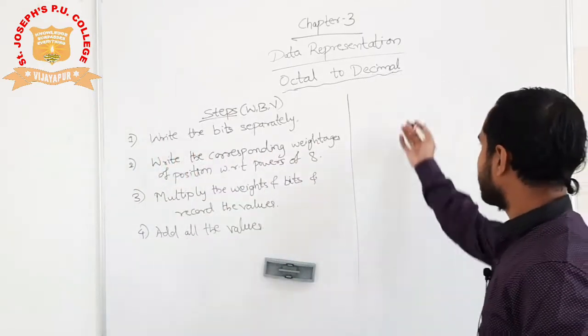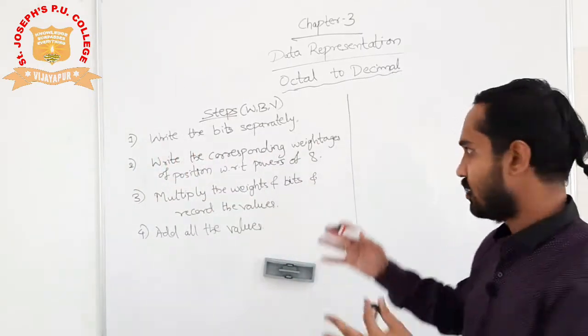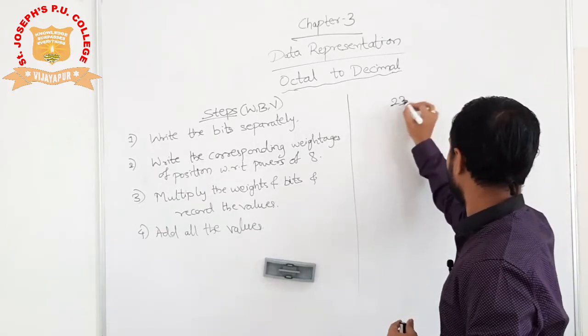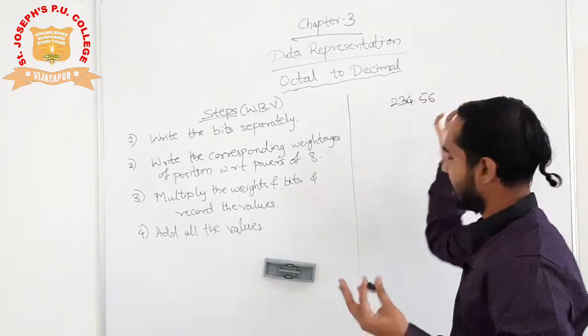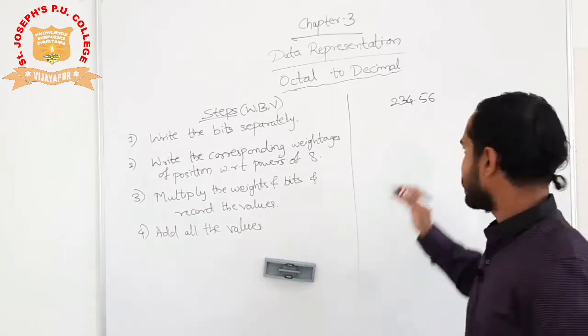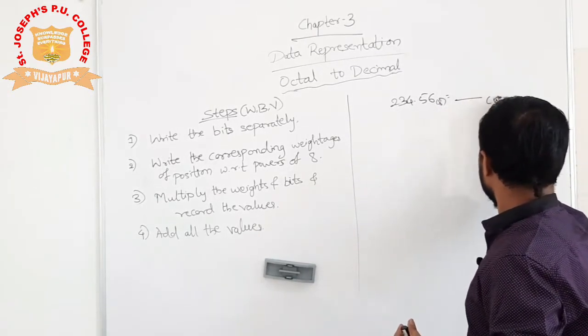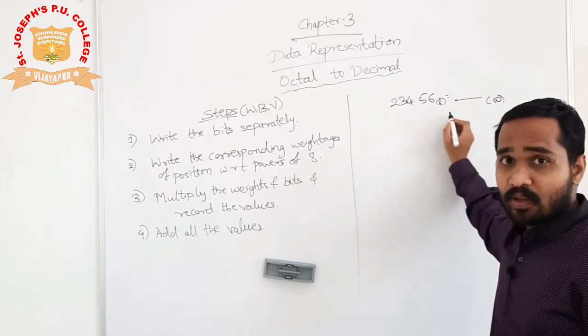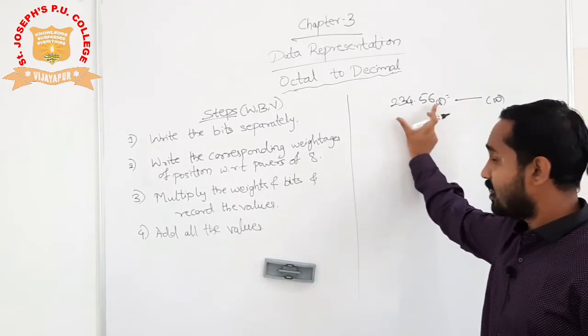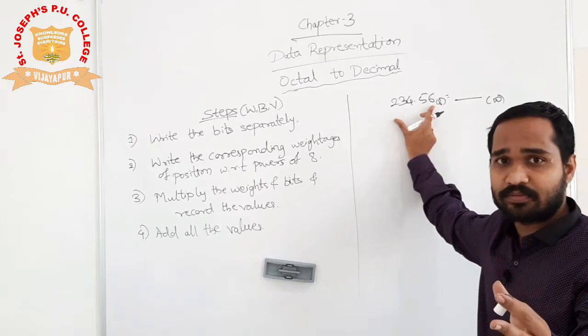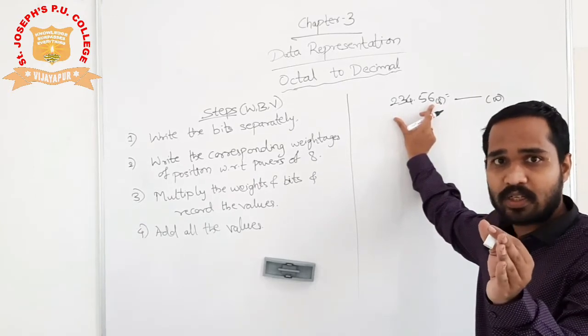So let us take one number and start the problem. 234.56. Any number. 234.56. This is the octal number. I want to convert it into decimal. Now please remember, when it is an octal number, the digits have to be less than 8. Only from 0 to 7 you have to take.